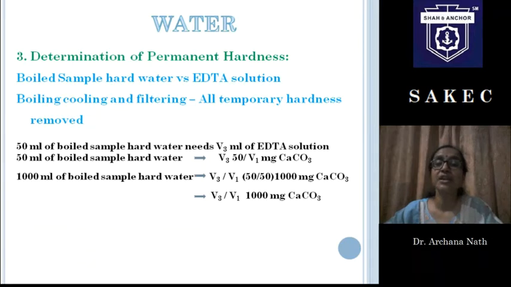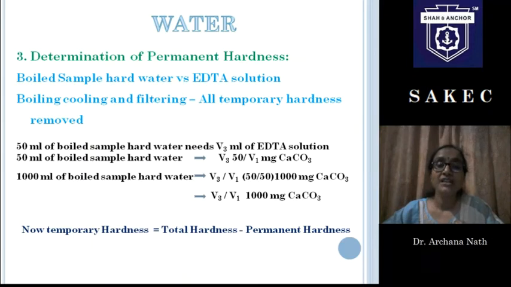It's V3 by V1 into 1000 milligram of calcium carbonate. We have to remember this. This becomes easy when our standard hard water is 1 milligram of calcium carbonate per ml.